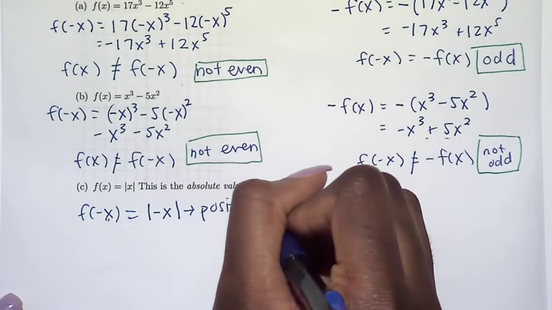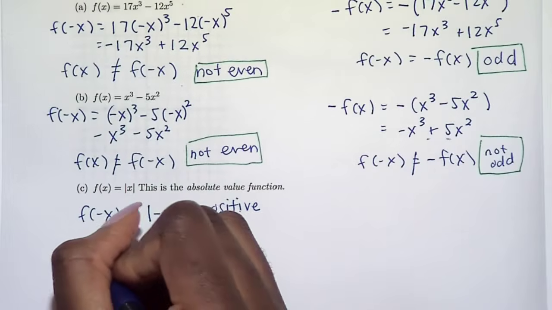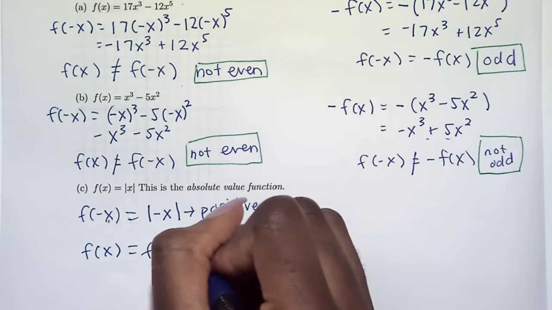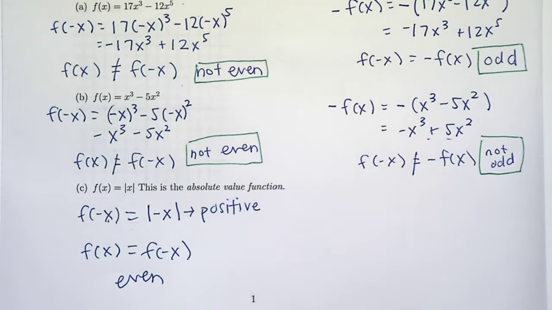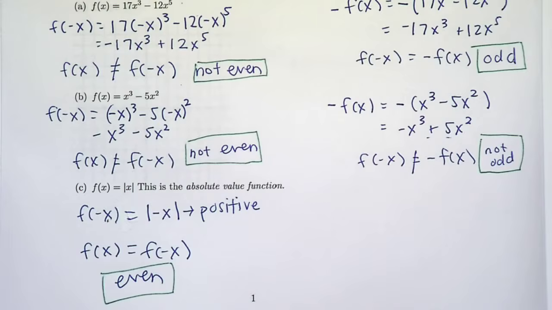And this is going to give us whatever the positive version of this number is. Well, that does the exact same thing as the original. So our function is even.